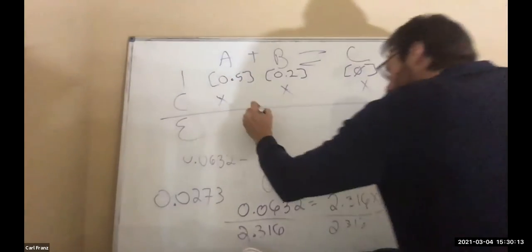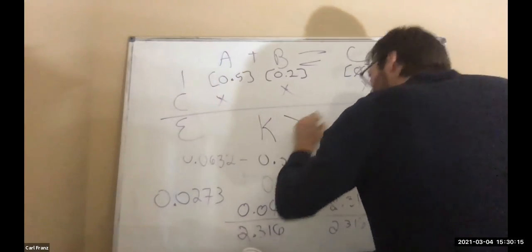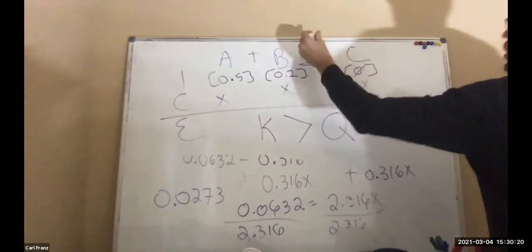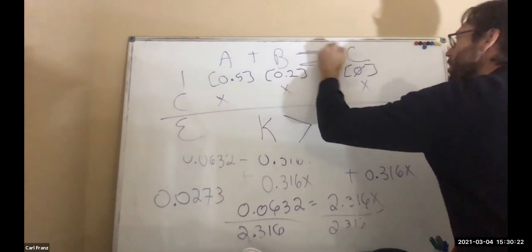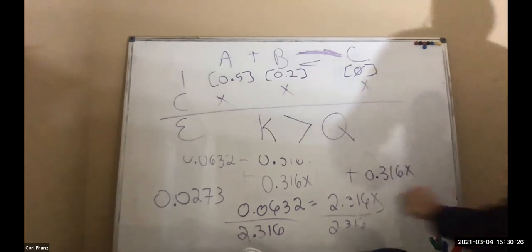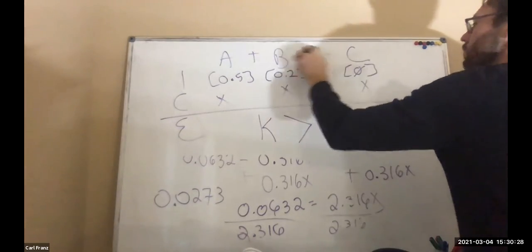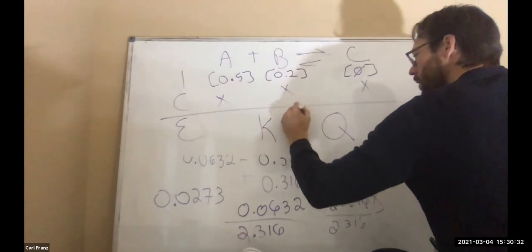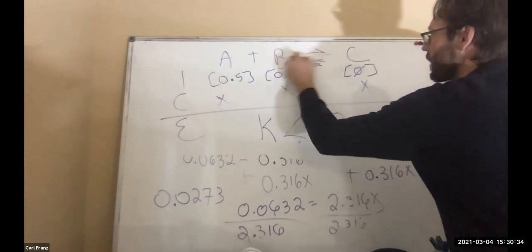So if K is greater than Q, it's going to predominate in this direction toward the products. However, if K is less than Q, it's going to go toward the reactants.